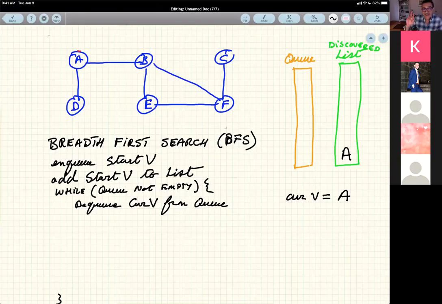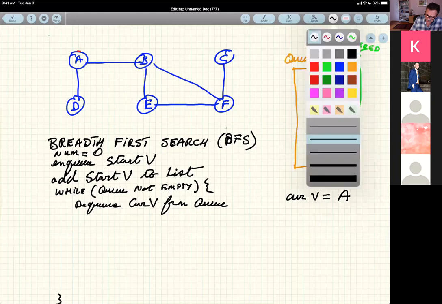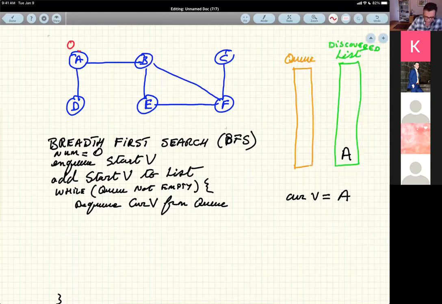Visit the current vertex, meaning number it. We're going to start with num equals 0. So visiting the vertex means assigning it the current number. So this becomes 0 now.